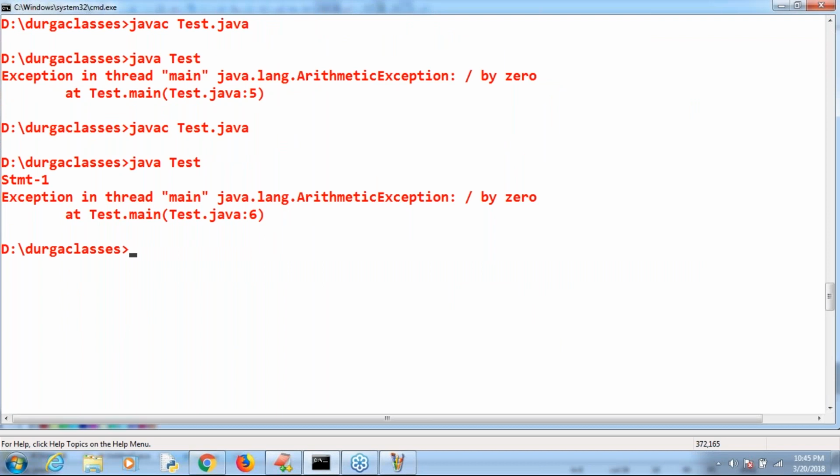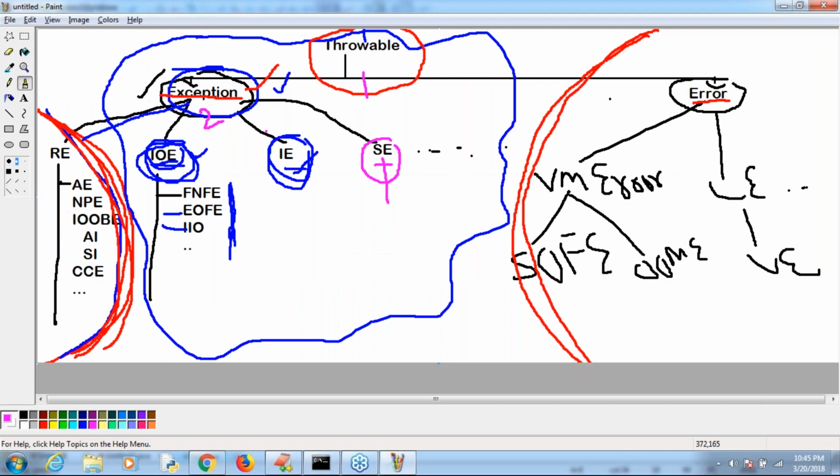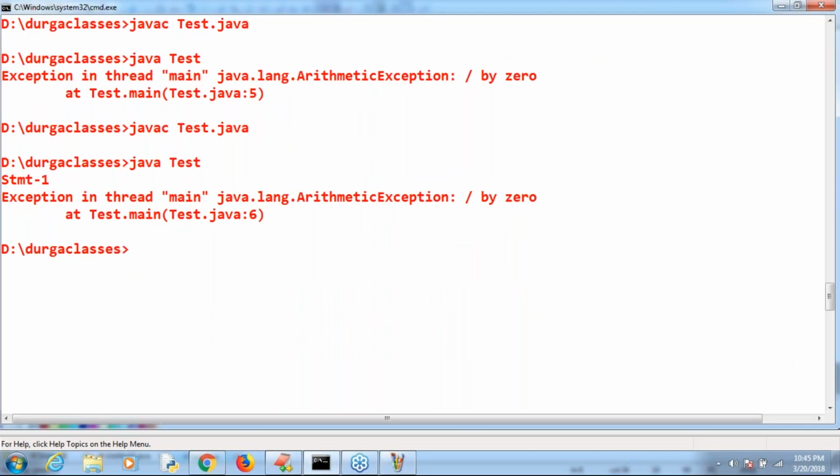Now my question is, is it normal termination or abnormal termination? Abnormal, because of some exception it is going to be terminated. This is nothing but an abnormal termination. Is it graceful termination or non-graceful termination? This one is not a graceful termination. What is the reason?